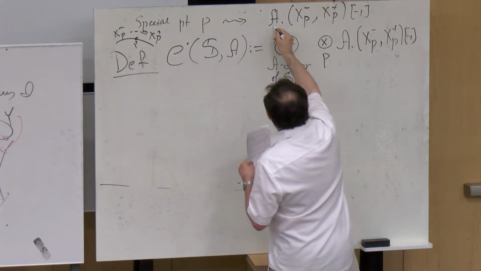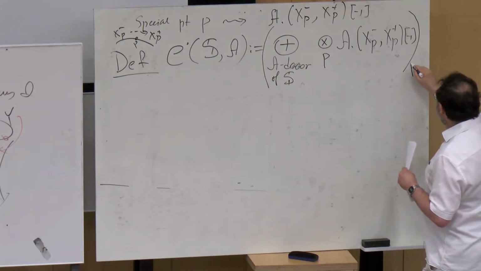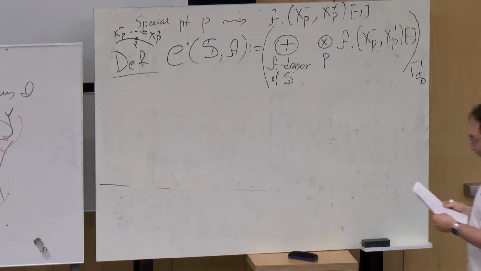Now, since you want to have something assigned to a surface, you're bound to take coinvariants under the mapping class group of S. And so now that's the object.